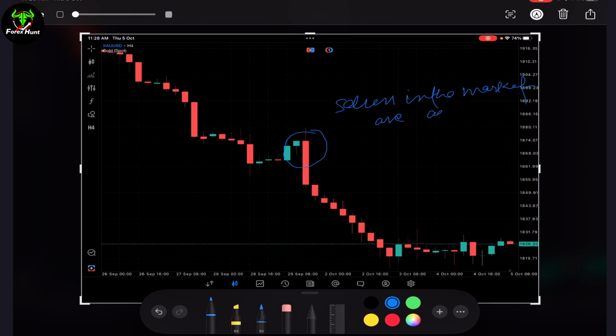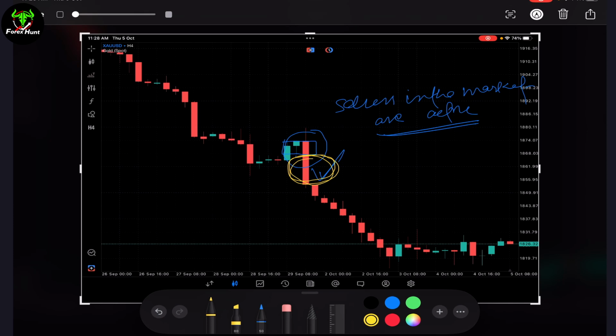They want to place a sell entry here in this area. Why? Because you can't see it, but I can see that here is an order block. In this area, there is an imbalance.